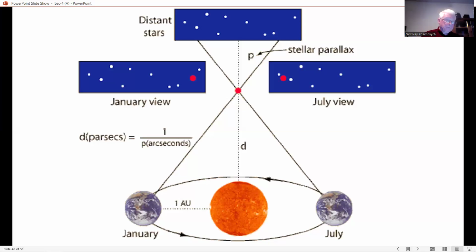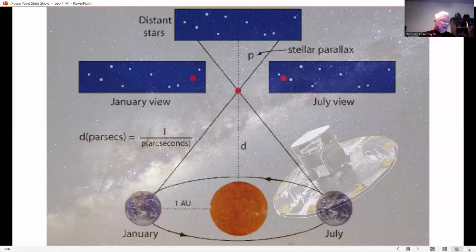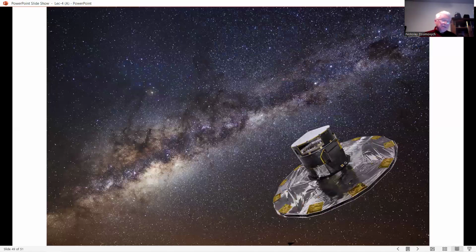Since the first stellar parallax was measured in 1838, ground-based astronomers have been able to measure accurate parallaxes for only about 10,000 stars. In 1989, the European Space Agency launched the satellite Hipparcos to measure the stellar parallaxes from orbit above the blurring effects of Earth's atmosphere.